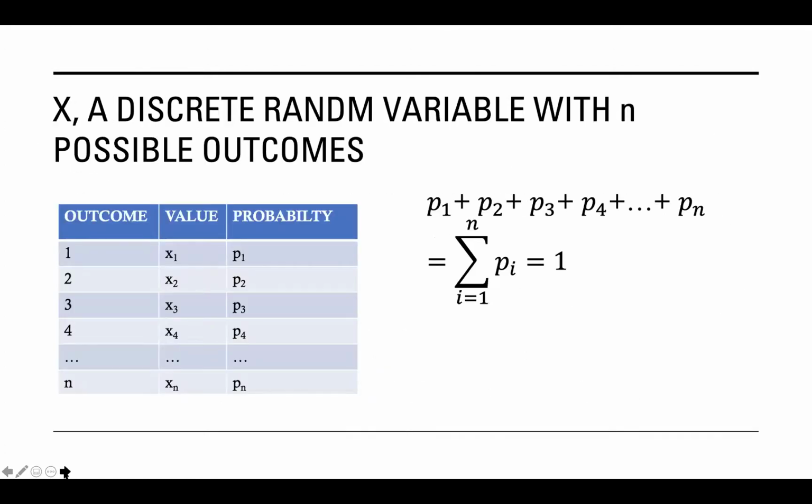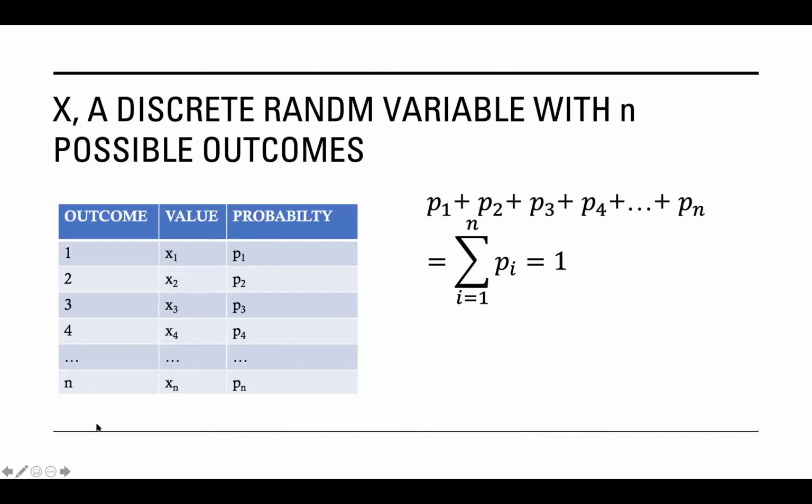Okay, so let's imagine we've got some random variable x, and it is a discrete random variable, and there are n possible outcomes. What do we mean by that? We mean x can take on n possible things. It can be something, it can be something else, and there are n of these in total. The values that x can take on we'll call, in this example, x1, x2, x3, down to xn.